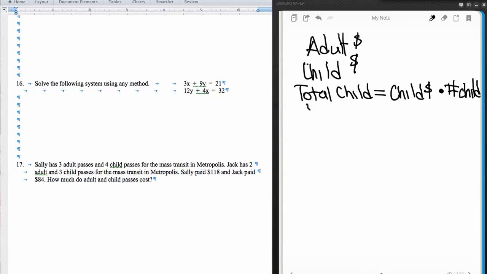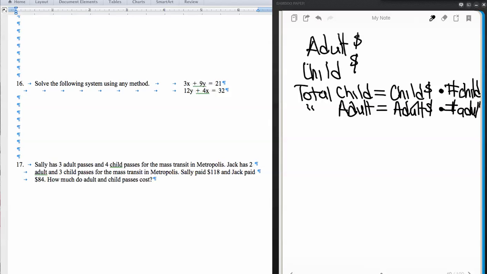And then we also have the total for an adult, and a total for an adult is going to be equal to the adult price times the number of adults.